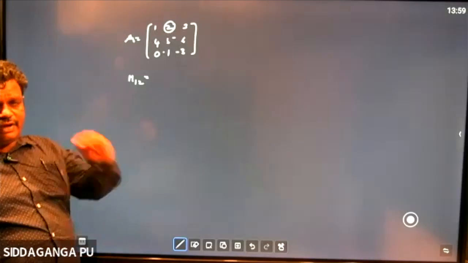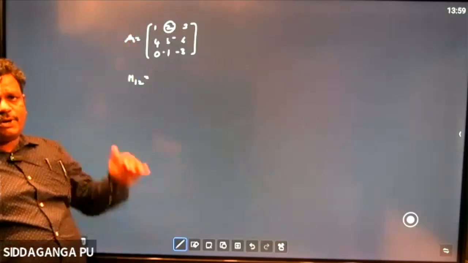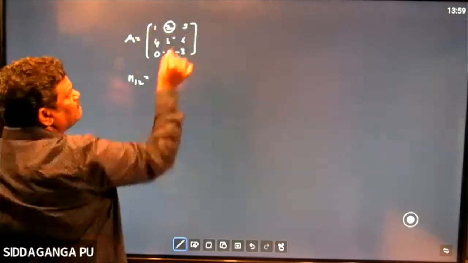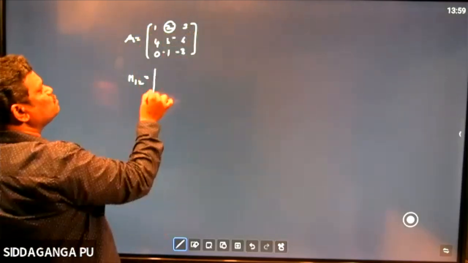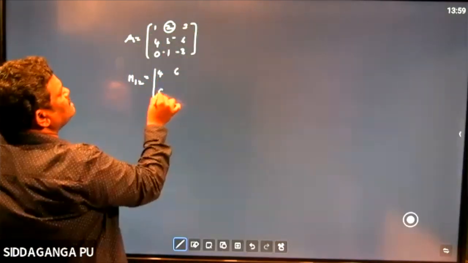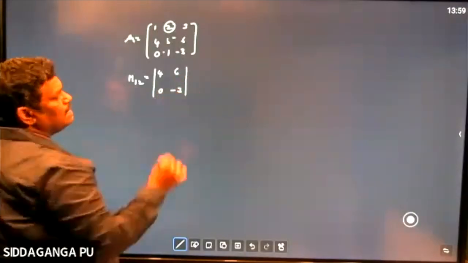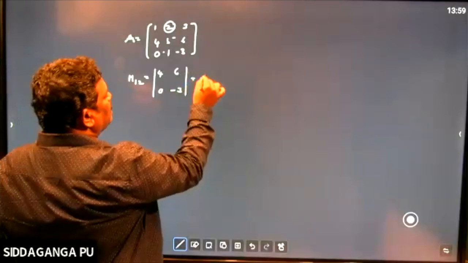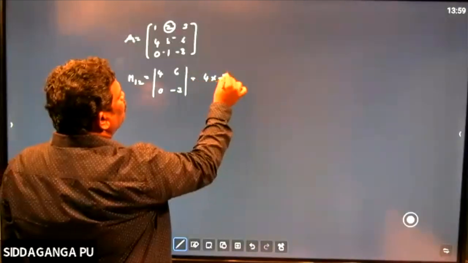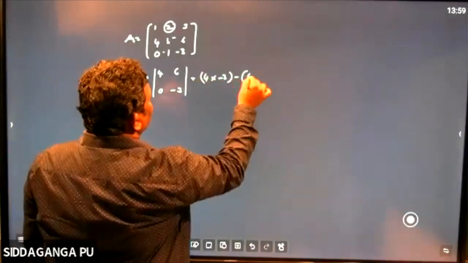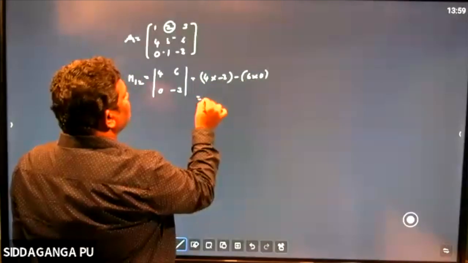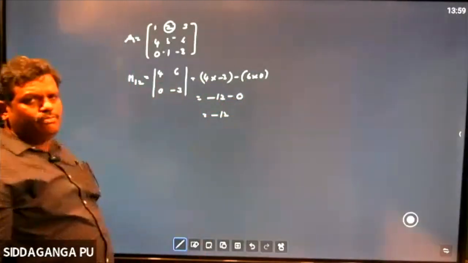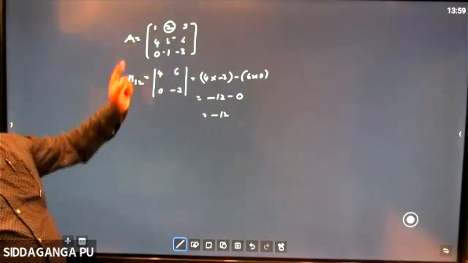Which element we consider, the corresponding row and column are neglected. Remaining four elements: 4, 6, 0, -3. This is the minor. We already know the determinant of 2 by 2: 1 into 4 minus 2 into 3. This value is equal to -12. This is the minor of the element 2.